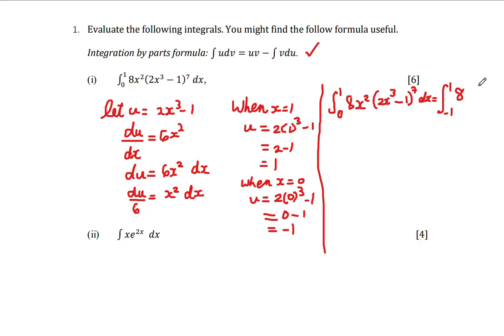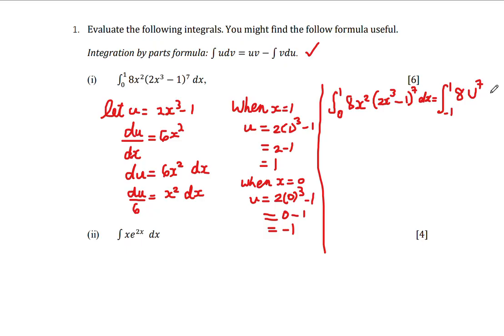So this entire expression here can be re-expressed as 8u to the 7th power, because 2x cubed minus 1 was expressed as the value of u. So I replace the 2x cubed minus 1 with u. I will come back to addressing the x squared here. So this is 8u to the 7th power.